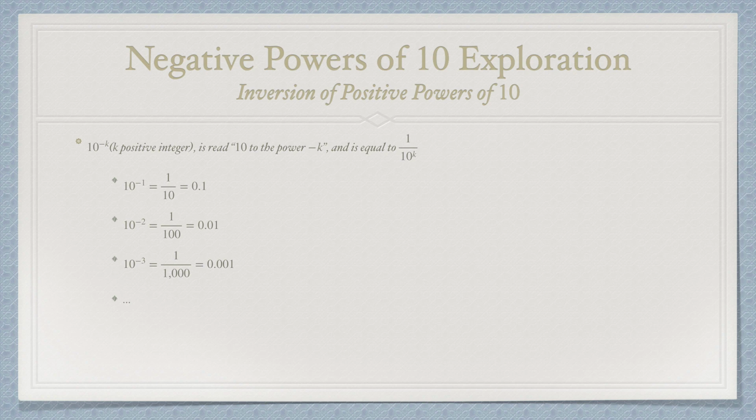And we can continue. And 10 to the power minus k is 1 over 10 to the power k, and it is a 0, then a dot, then k minus 1 zeros, and a 1.